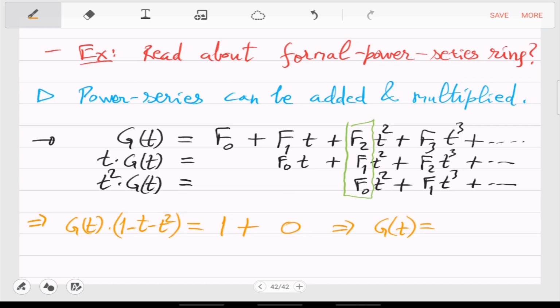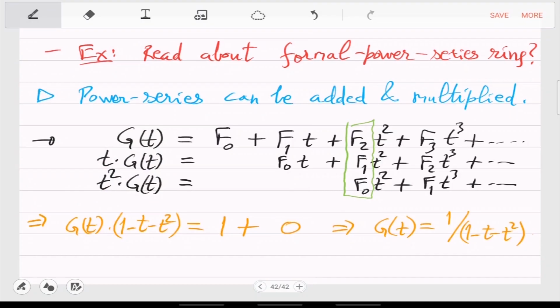It's 1 over (1 minus t minus t square). So it is not a polynomial, but it is still somehow the inverse of a polynomial, the reciprocal of a polynomial. Is that clear?